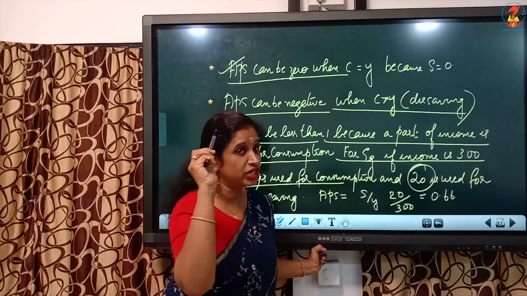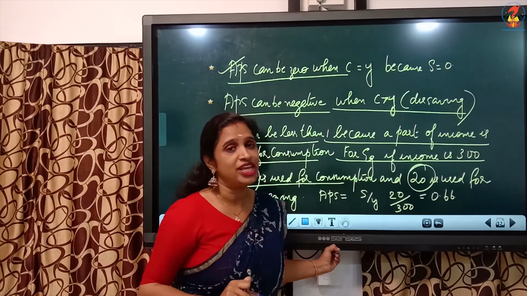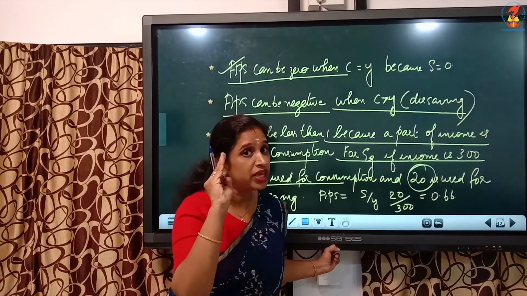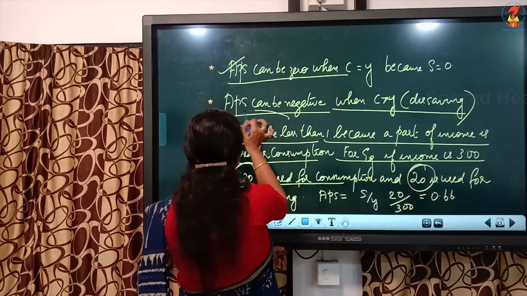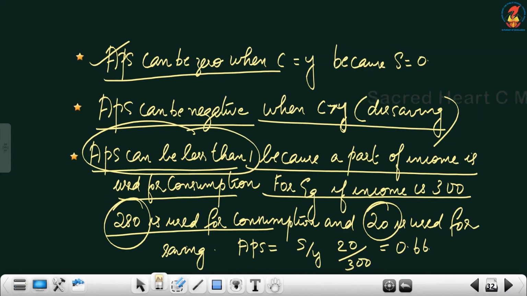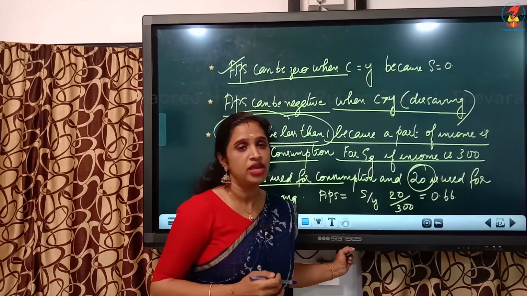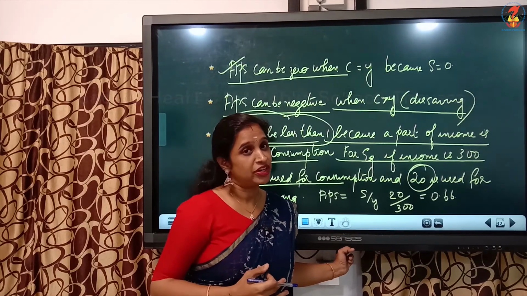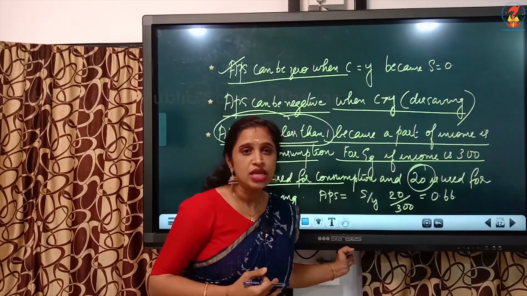Therefore, I am pointing out that sentence once again. APS cannot be equal to 1. APS should be less than 1. If APS is equal to 1, it means whatever income is earned in the economy, the whole income is saved. That is not a practical situation because consumption is required in the economy.